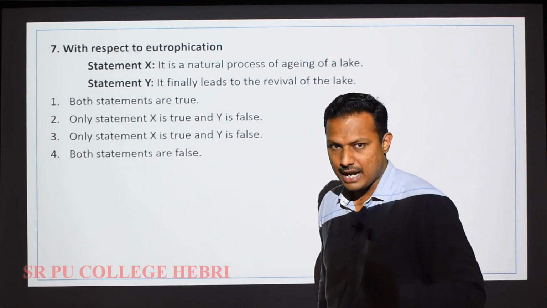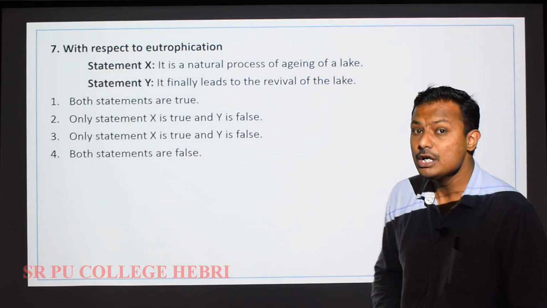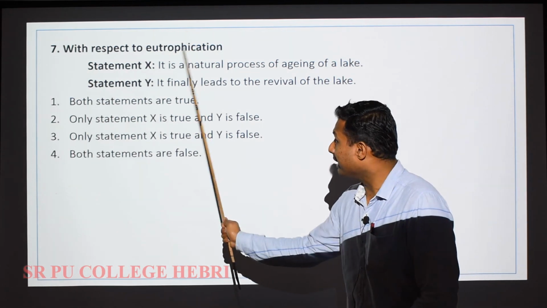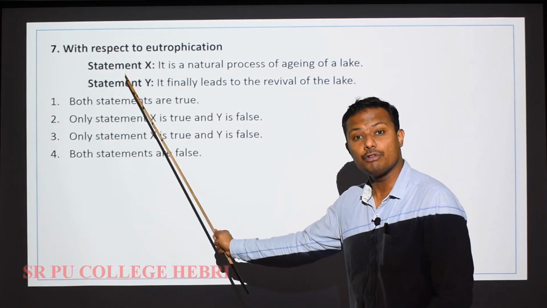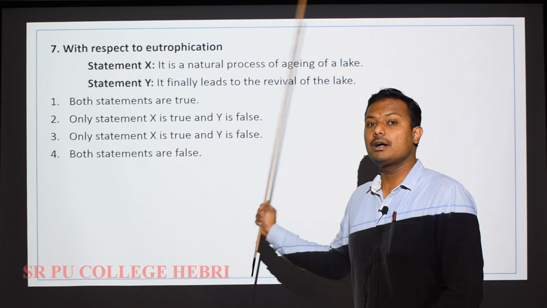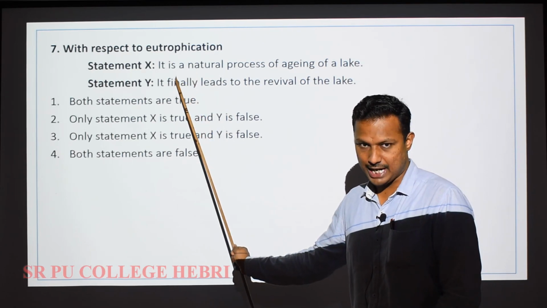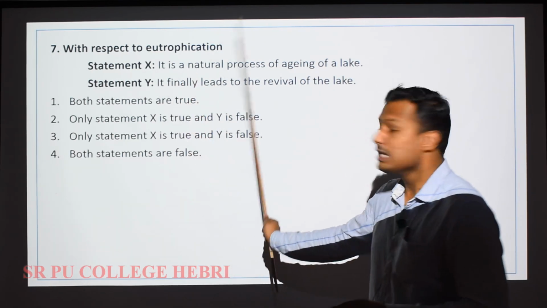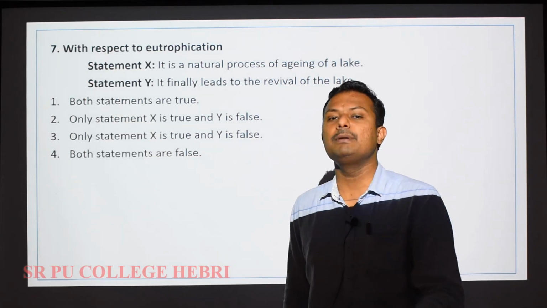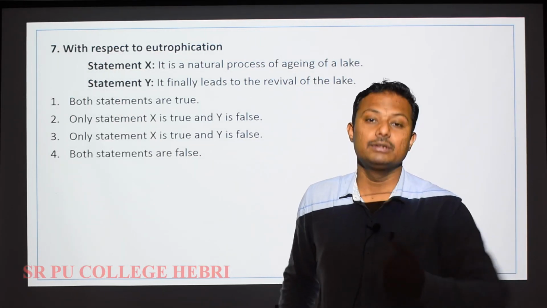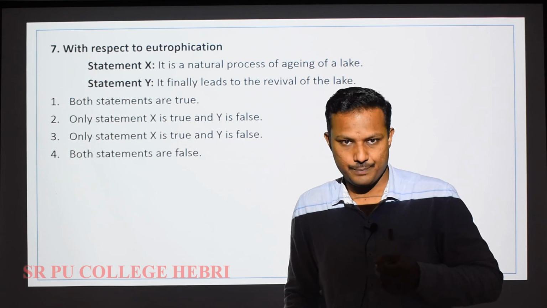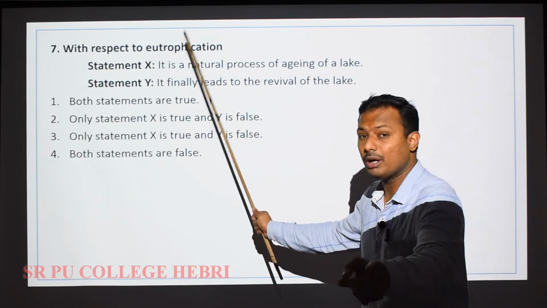Yes or no? It's a natural process of aging of a lake. Not to get confused: if in place of eutrophication they had mentioned cultural eutrophication, then it is not a natural process. It will be artificial, with the participation of human beings. So that is why we are talking about eutrophication here.